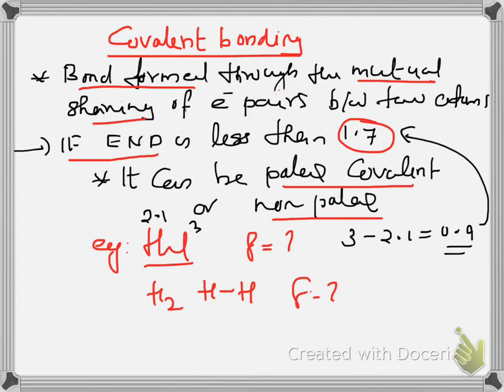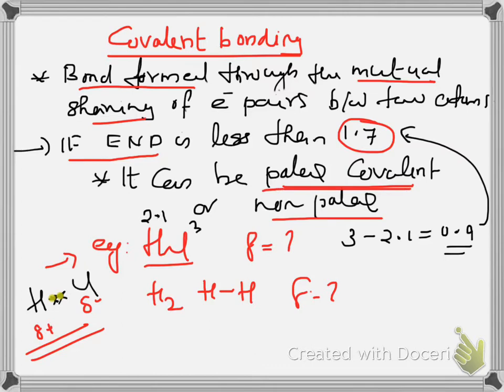But due to the electronegativity difference between hydrogen and chlorine, the shared pair of electrons is slightly shifted towards chlorine, which makes chlorine slightly negative and hydrogen correspondingly positive. So it is a polar molecule having a slight positive charge on hydrogen and an equivalent negative charge on chlorine. Such covalent molecules are called polar covalent molecules.